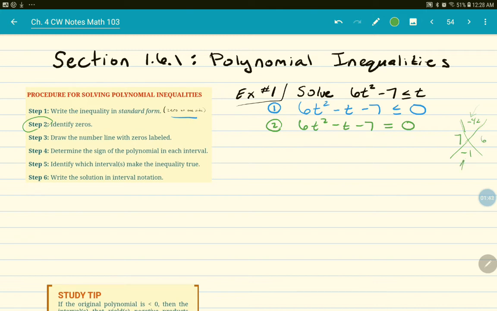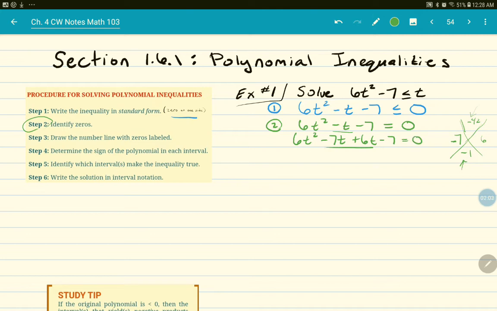Since I have a difference of negative 1, I want the negative on the 7. So I rewrite this as 6t squared minus 7t plus 6t minus 7. So I'm replacing that negative t with minus 7t plus 6t.